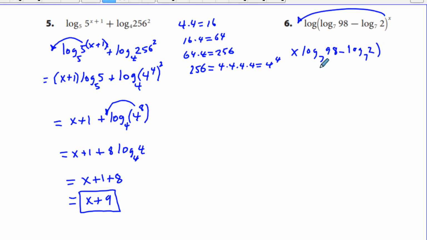Okay, hang on a second, I didn't write everything down. x times, in parentheses, log base 7 of 98 minus log base 7 of 2.